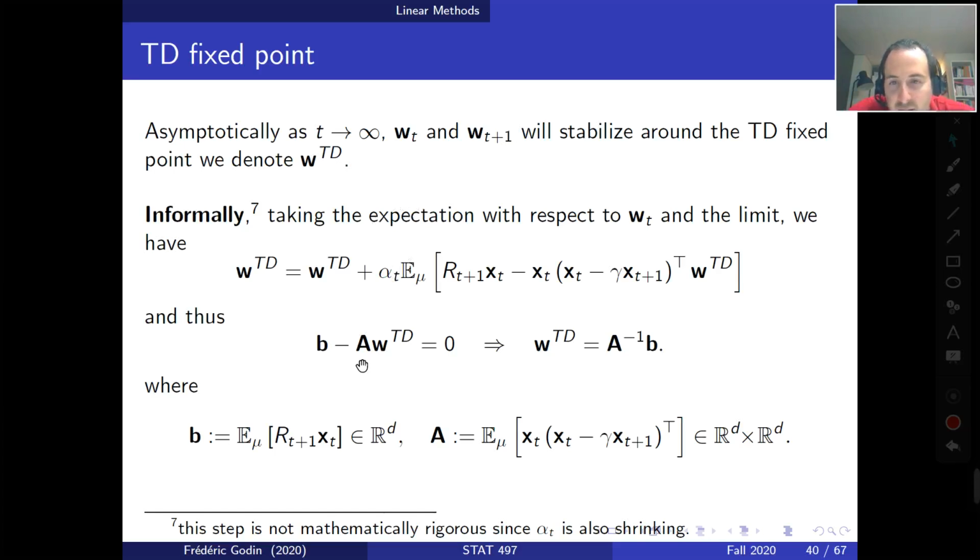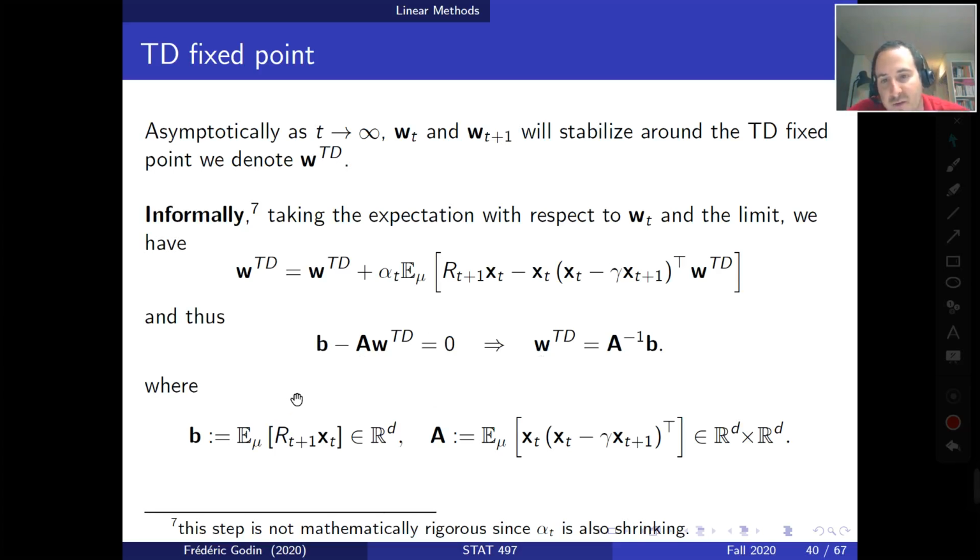We have that the vector b minus the matrix A times the TD fixed point vector, so the asymptotic value to which the parameter vector will converge, where these A and b don't depend on W, should be equal to 0. Okay, so how do we see we get this?